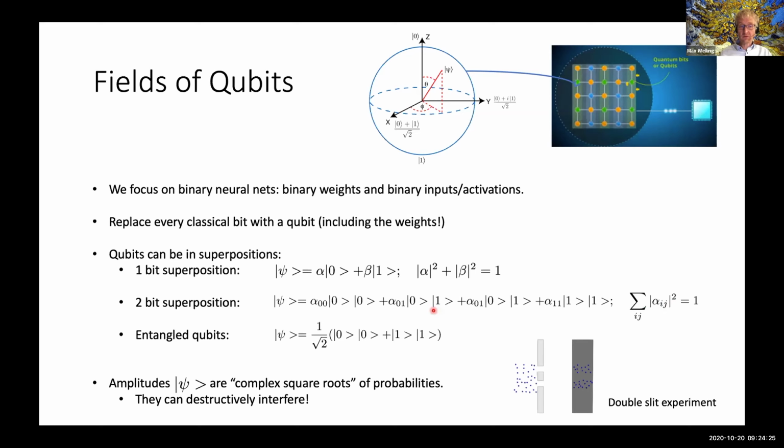And now you can see if you go to 3 bits, 4 bits, right? The number of possible states starts to increase exponentially. And you can get this interesting phenomenon called entanglement. You can have 2 bits in this particular state here, so they're maximally entangled or correlated with each other, in the sense that if you do a measurement of 0 for the first qubit, you will always find the outcome 0 for the other qubit as well, even though the 2 qubits could be galaxies away from each other, right?